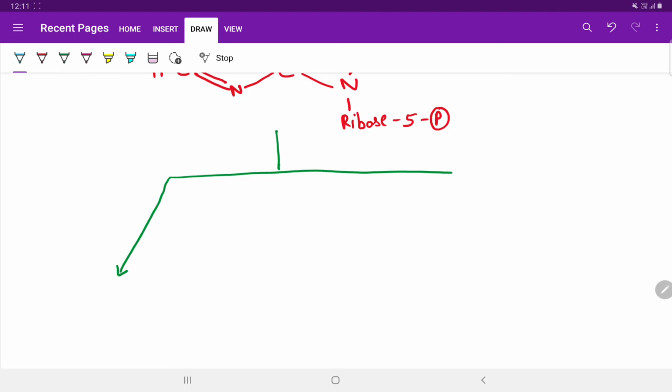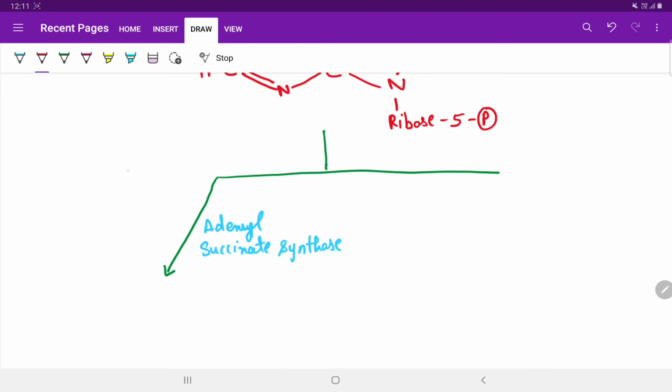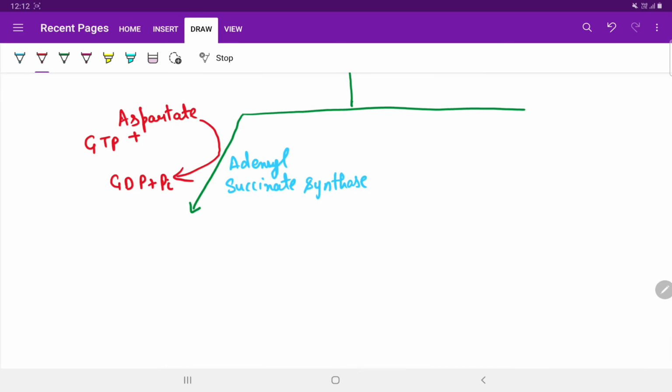In presence of adenylosuccinate synthase, and by addition of an aspartate molecule and a GTP, this will lead to formation of adenylosuccinate. So the basic purpose is the addition of one nitrogen or amino group here instead of a double bond O.